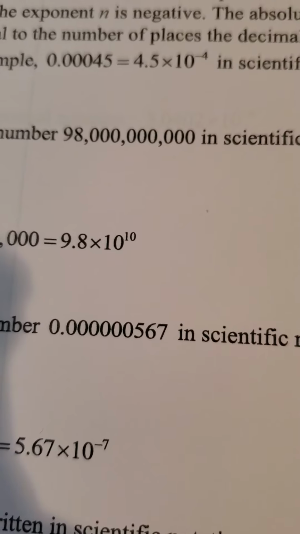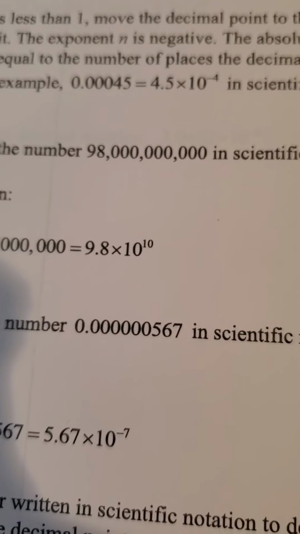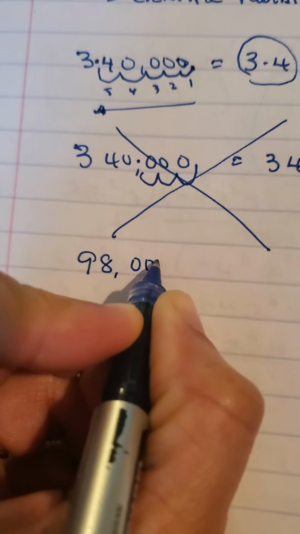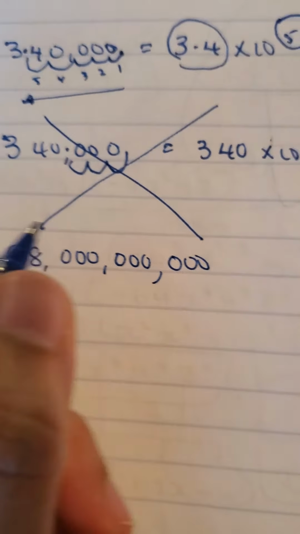All right. So when we have whole numbers, here we have another example. We have a big exorbitant number there. Is that 98 million? Yeah, I don't know. Anyways, so 98, 1, 2, 3, 4, 5, 6, and so on.